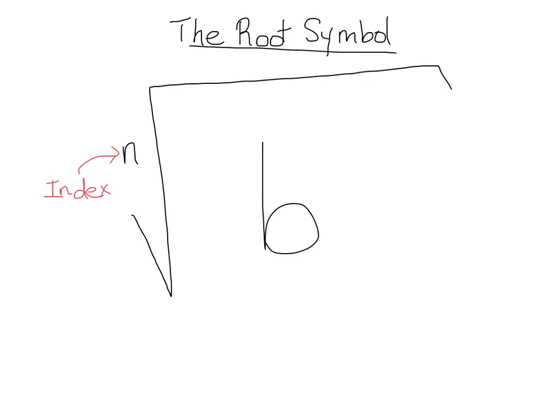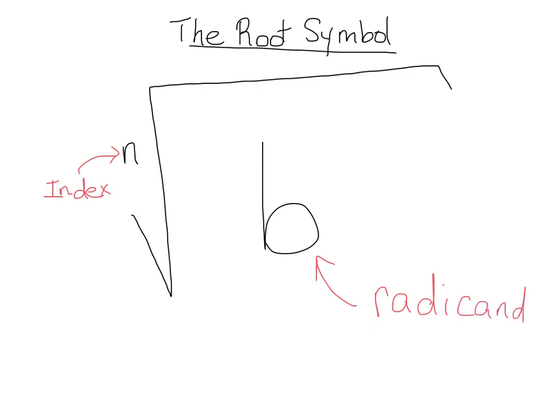So if I say, okay, we're doing a square root question, what is the index? The index would be 2 because it's square root. If I say we're doing a cube root question, the index is 3. So that's important to remember, that that's called the index. It is also important to remember that this is called the radicand. So that's the number being rooted.